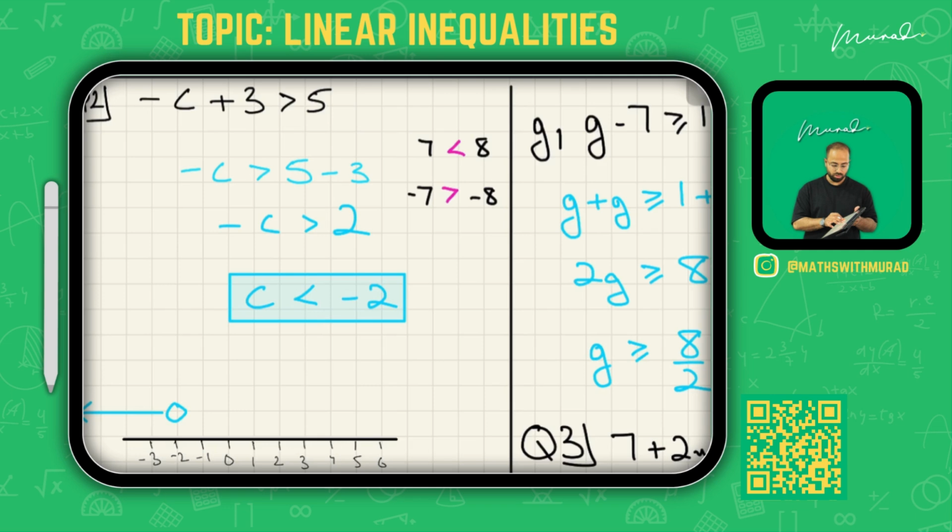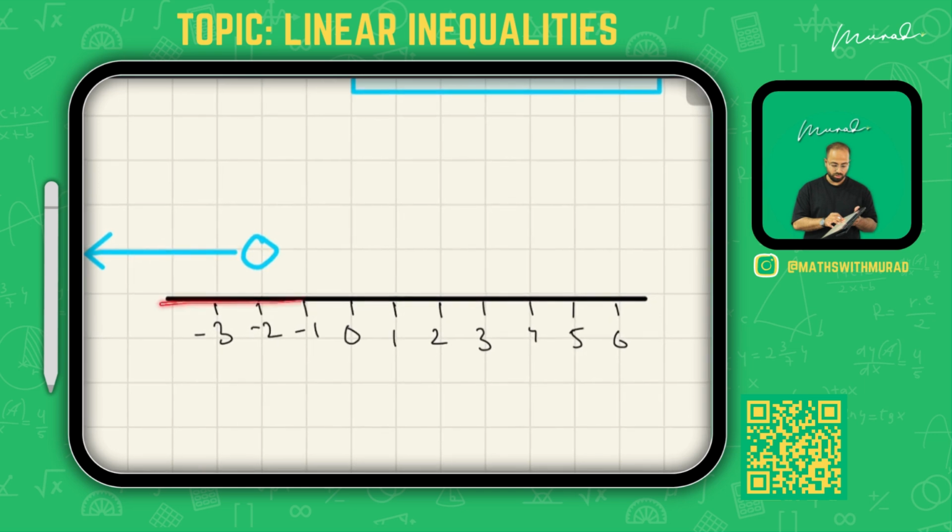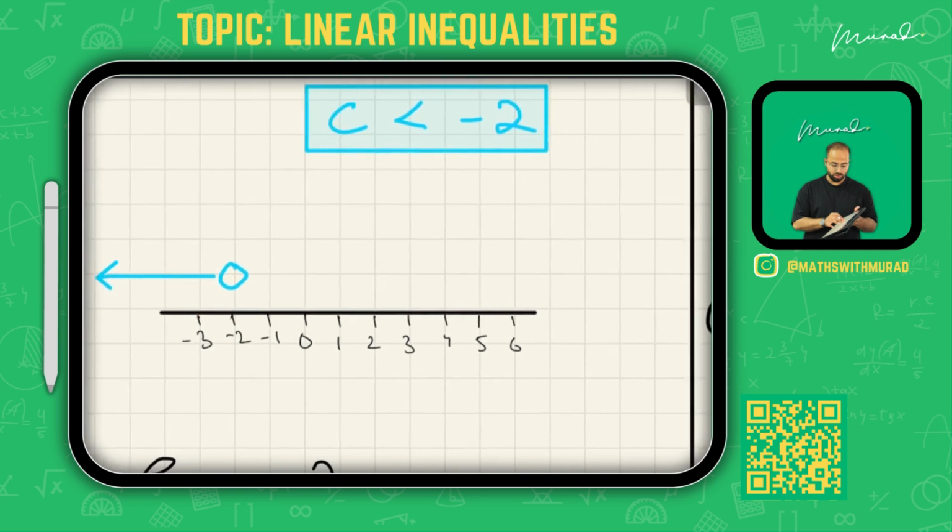So whenever you are multiplying your inequality by a negative sign, the sign of inequality will also change. So it becomes positive x and negative 2. Now if I need to represent this information on a number line, I'll draw a number line over here. This is minus 2 and it's on the lesser side, represented by your answer.